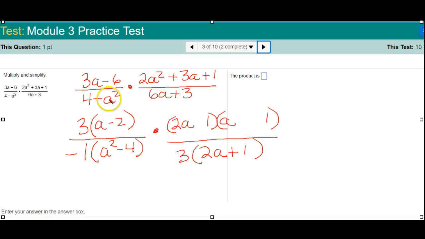Now this bottom is interesting because it's 4 minus a squared. Well, as you see what we're formulating here, if we take a negative 1 out of there, we can switch this around so it looks like this.